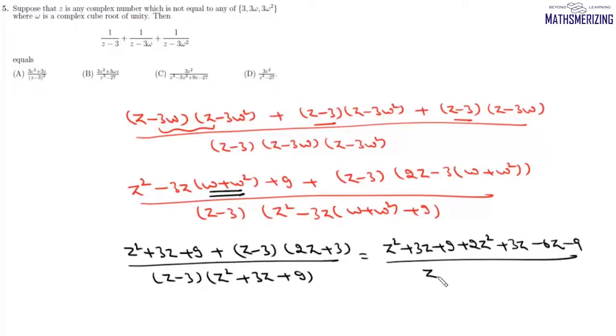So it will be simply z cube minus 27. Now 6z and minus 6z will cancel. 9 and 9 will also cancel. So it will simplify to 3z square upon z cube minus 27, and that's your option D.